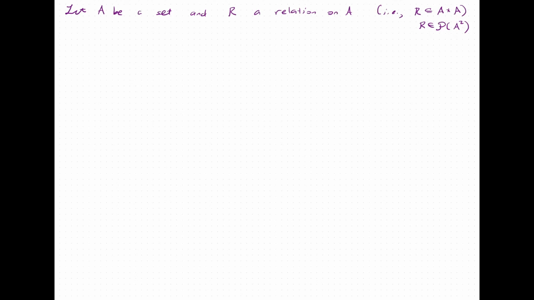Now, what is an example? Well, we have many examples because we can now look at the power set. But one in particular is what we are going to call the identity relation.